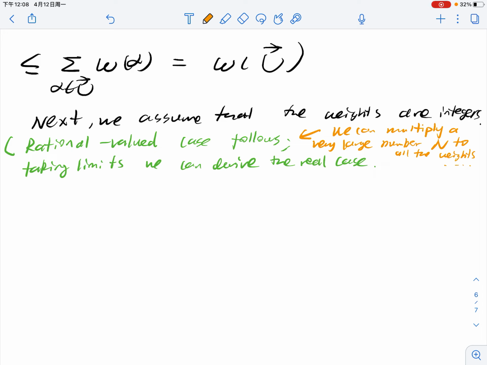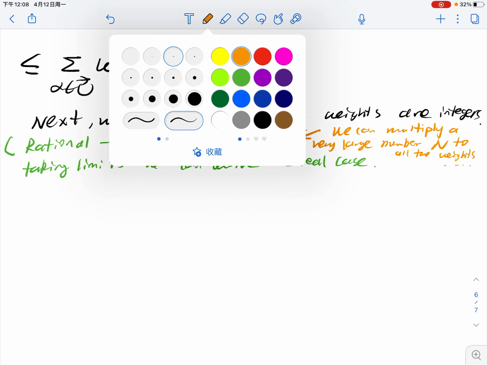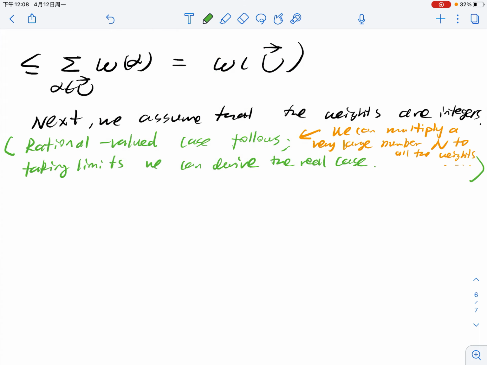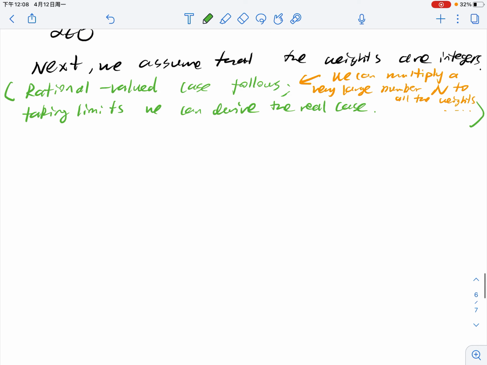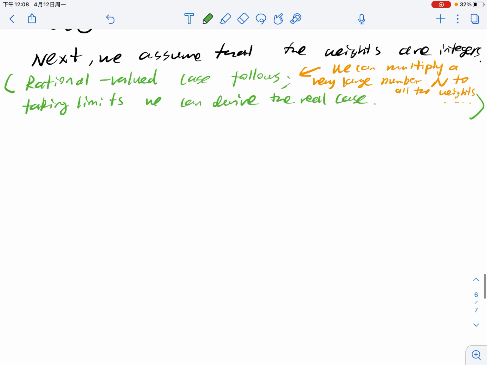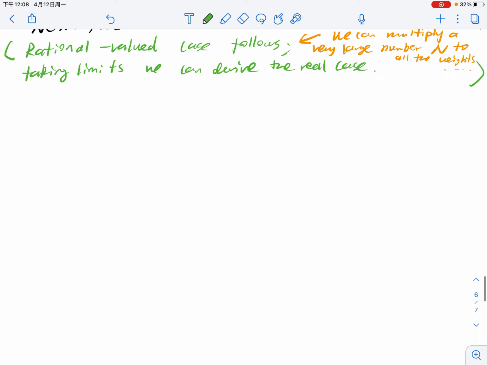Okay, and after we have the corresponding flow, we divide the flow by n at the end. Then we go back to the original case. So we will not bother with the limiting process. Okay, next.